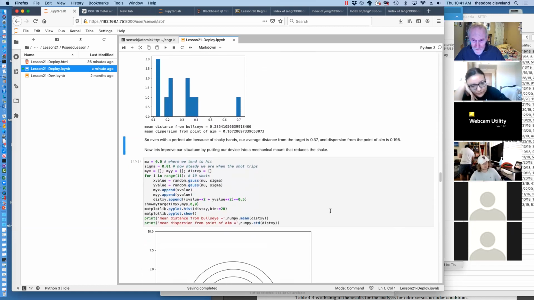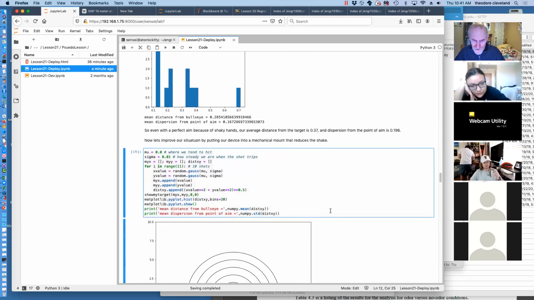So let's try to improve things a bit, and we're going to put this thing into a vise, a mechanical mount. So now we're getting as much human element out of it as we can. When we put it in a vise, we get our point of aim perfect, and our vise is really steady because it's rigidly attached to the Earth.